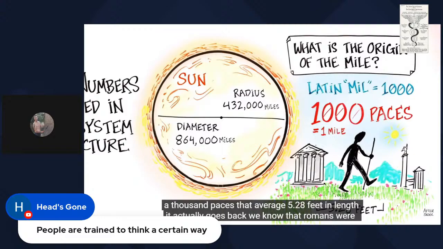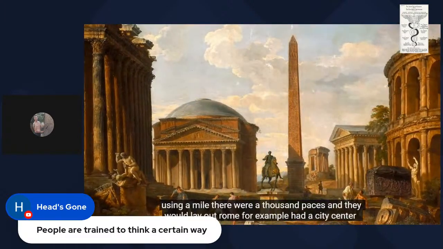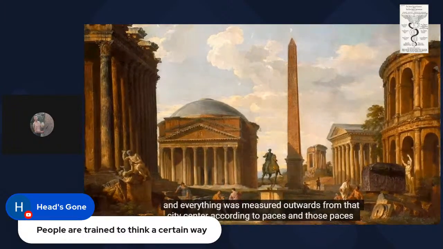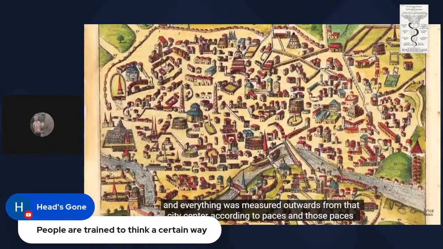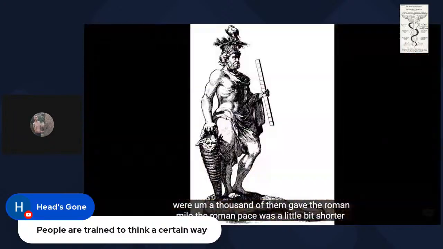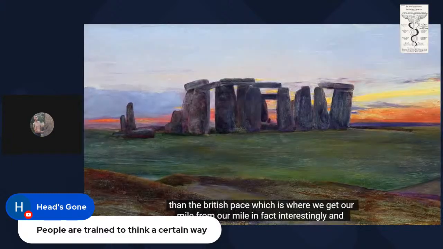It actually goes back. We know that Romans were using a mile of 1,000 paces, and they would lay out Rome, for example, which had a city center, and everything was measured outwards from that city center according to paces. Those paces, 1,000 of them, gave the Roman mile. The Roman pace was a little bit shorter than the British pace, which is where we get our mile from.